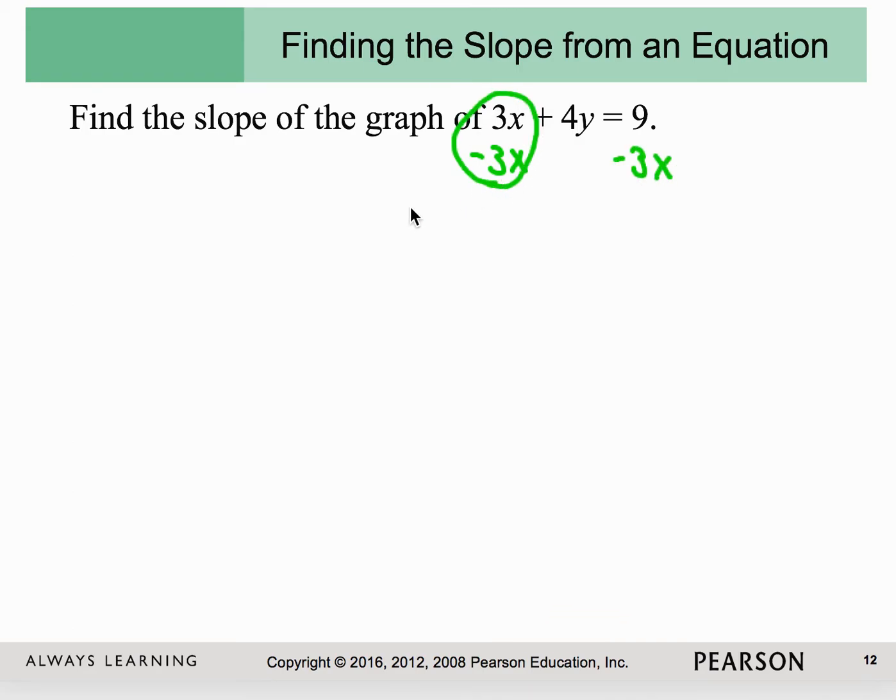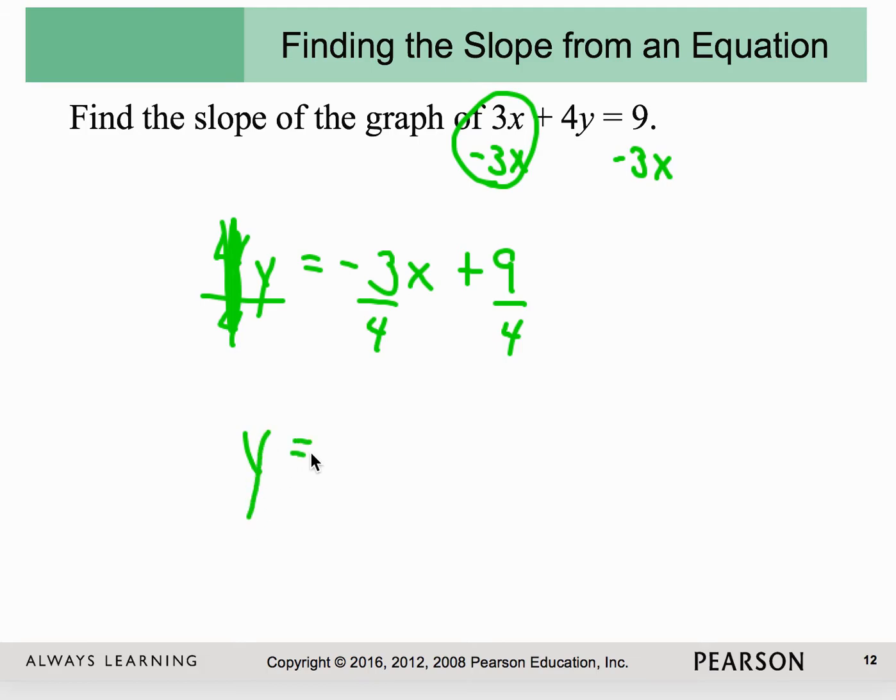Okay, so I would have 4y equals, and we're generally going to put the x first, 3x plus 9. So I just moved the 3x over. Now I'm going to divide by 4 because I need it to be just y equals. Let's divide each one by 4.